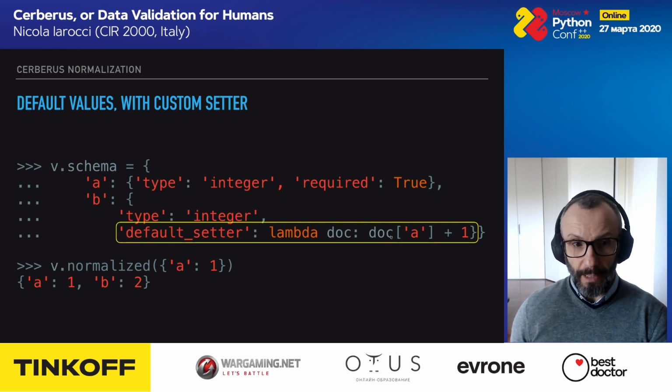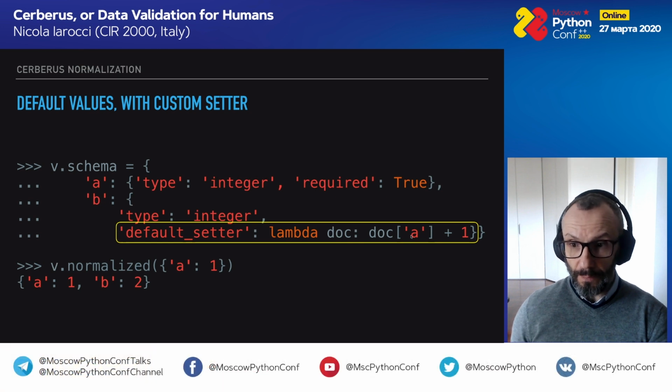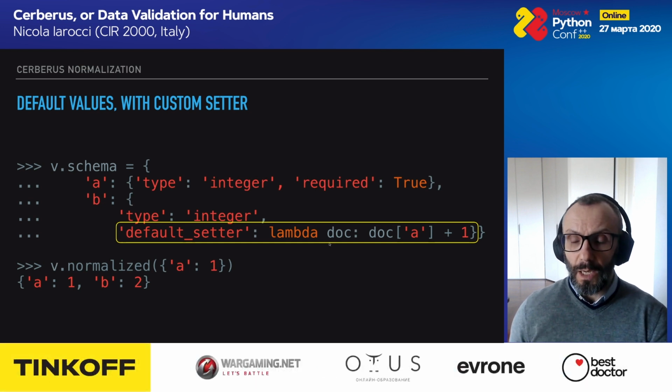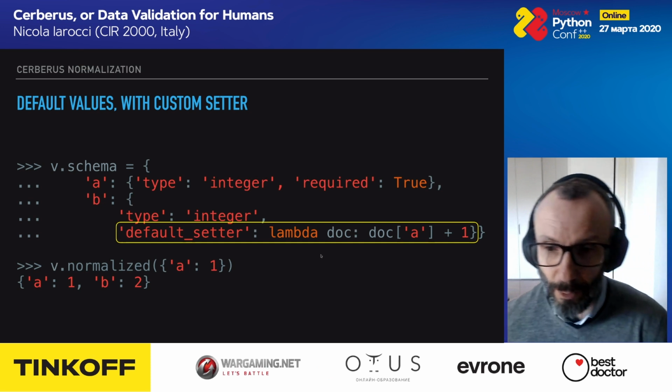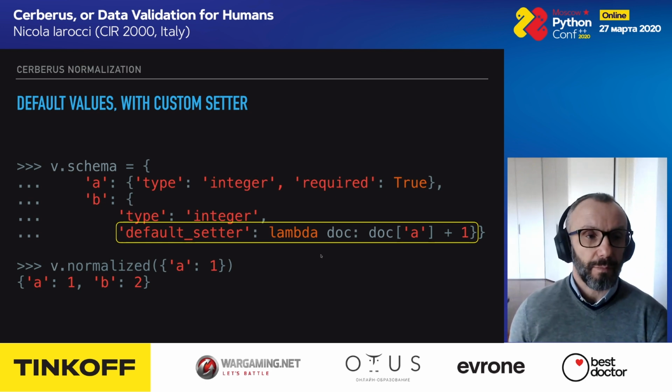So we take the key for the R field, the value for the R field, and add 1 to that, and that is going to be the value for the B field. So it's a transformation based on the other values of the document, on the context of the document.